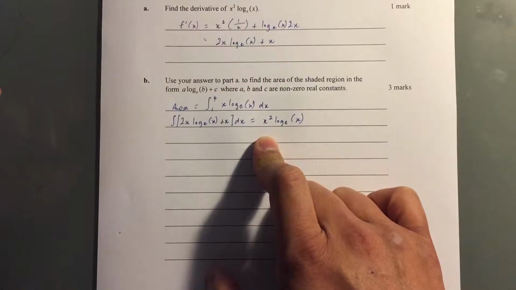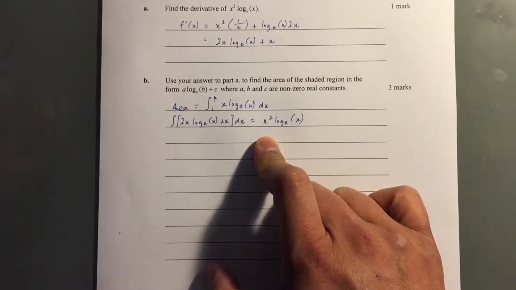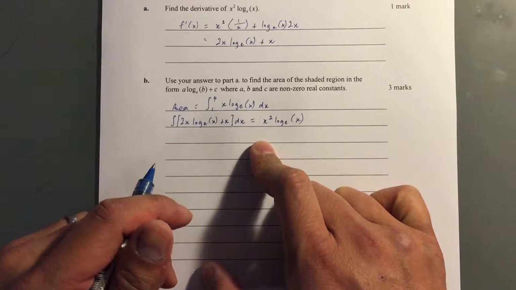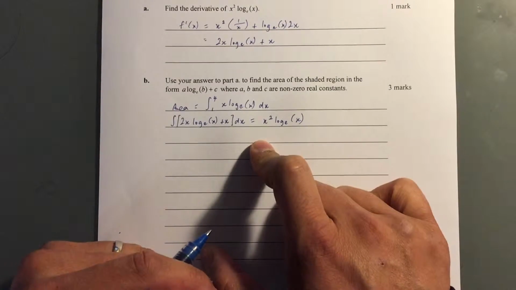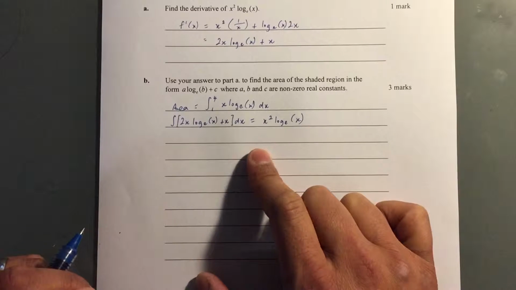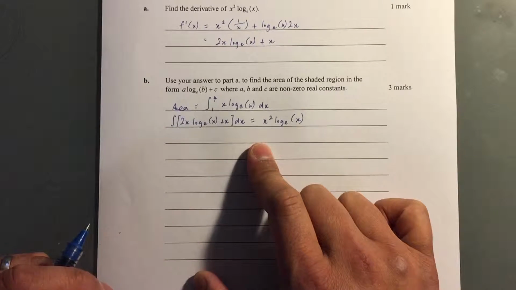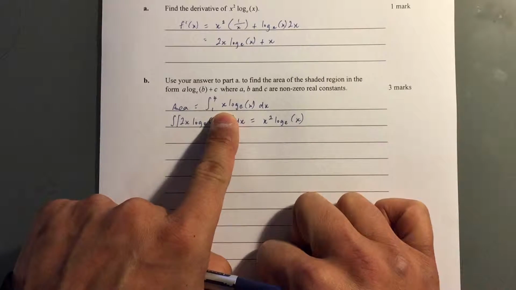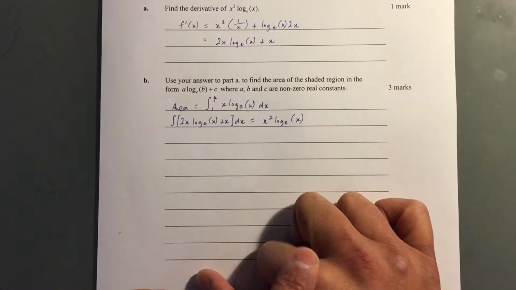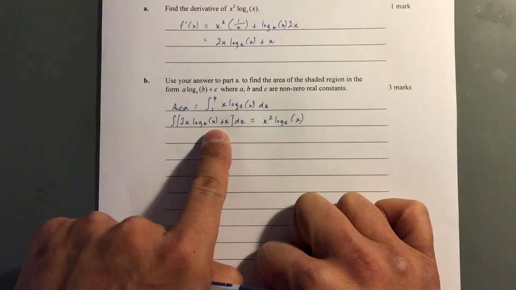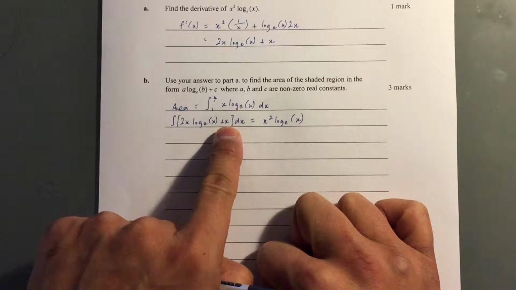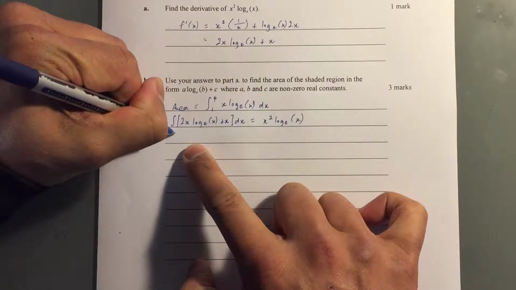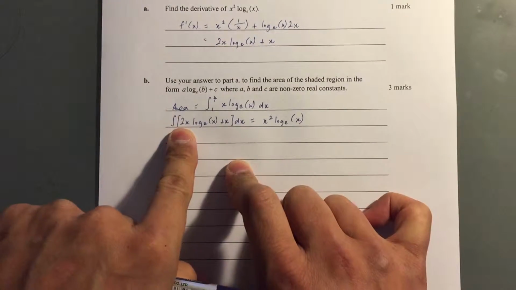And now what we're talking about doing is rearranging our equation. There are different ways to do integration by recognition, but to me this is the most straightforward way. We need to get it so that we just have the integral of x log e of x dx on one side. So we'll begin by moving this integral of x dx to the right, and I'll take this 2 out as it's a constant.